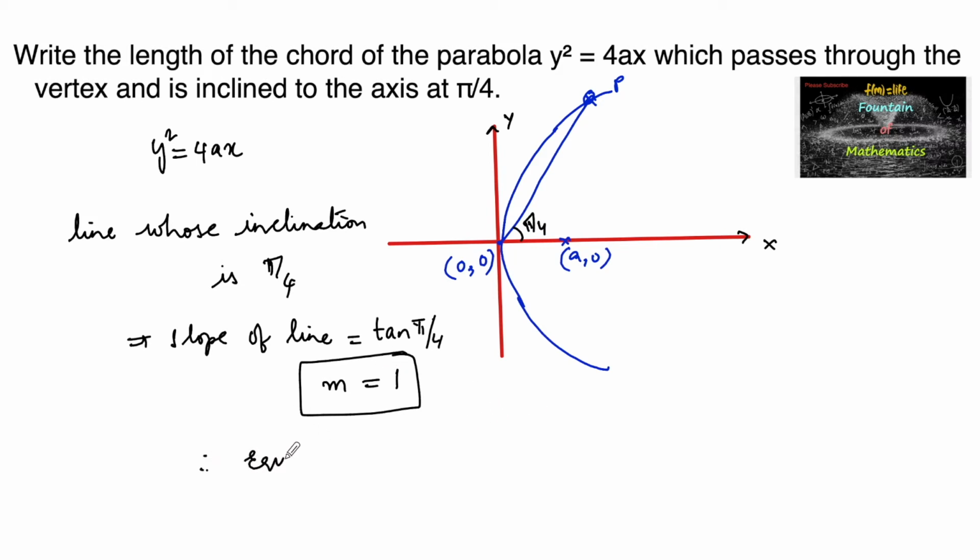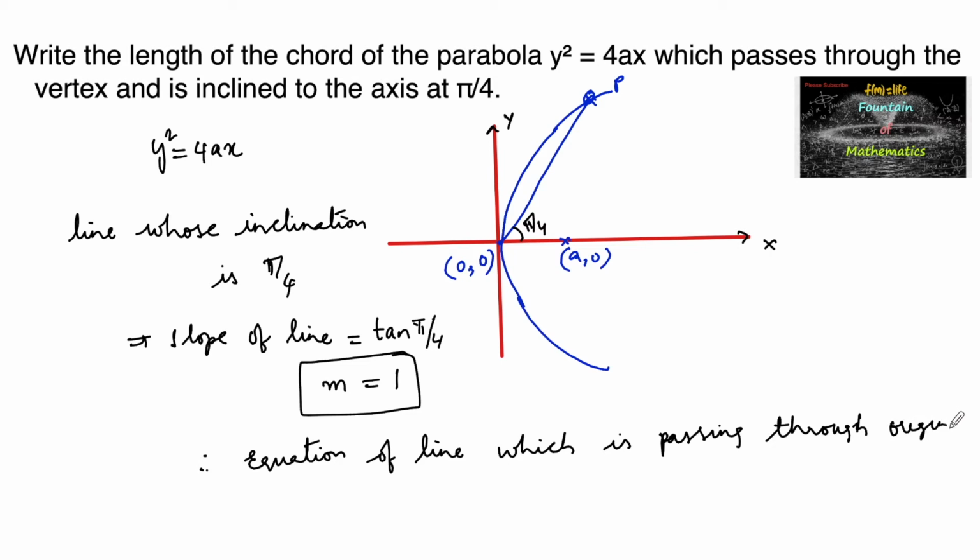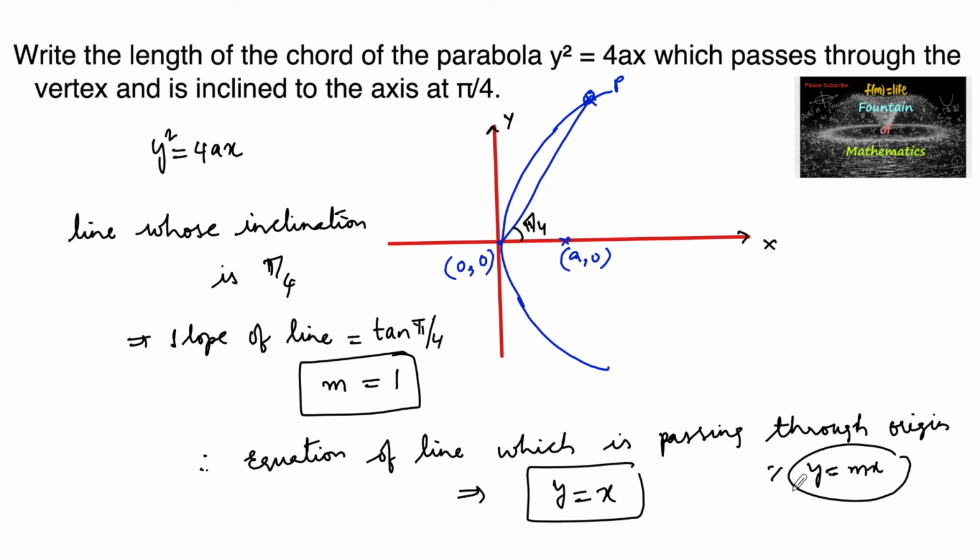Therefore the equation of a line passing through the vertex, that is the origin, and having the slope m equal to 1: we have y is equal to mx, so y is equal to x. Since y is equal to mx is the line which is always passing through the origin having the slope, it's the gradient form, so y is equal to x is the line.